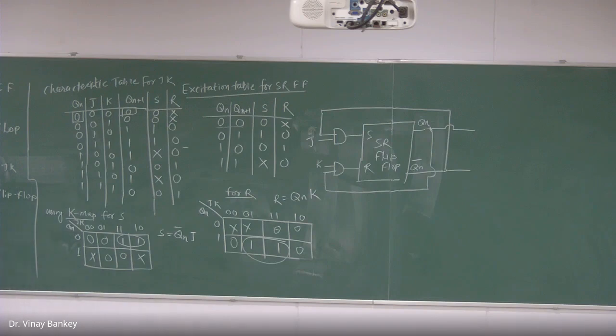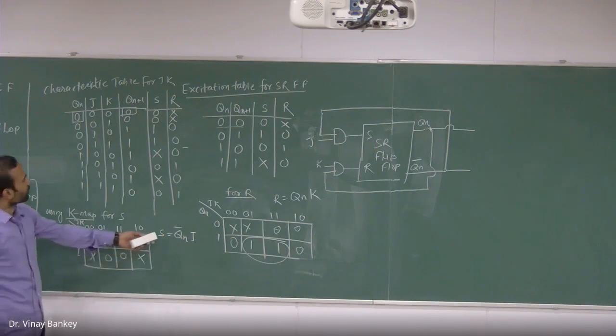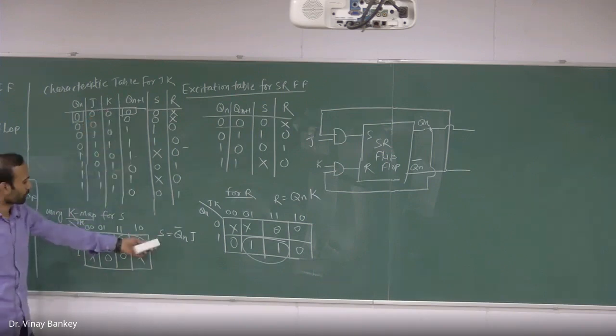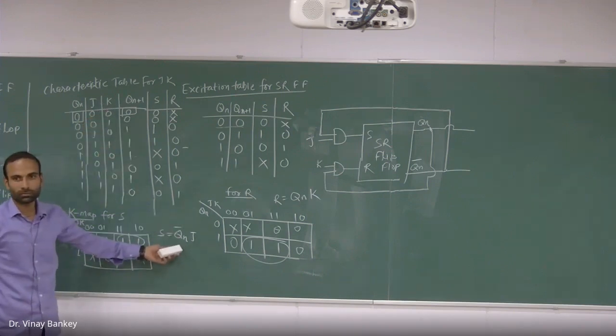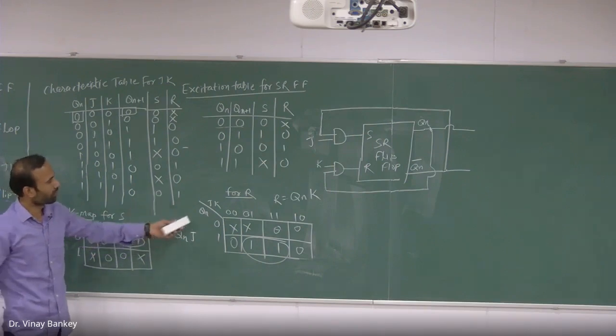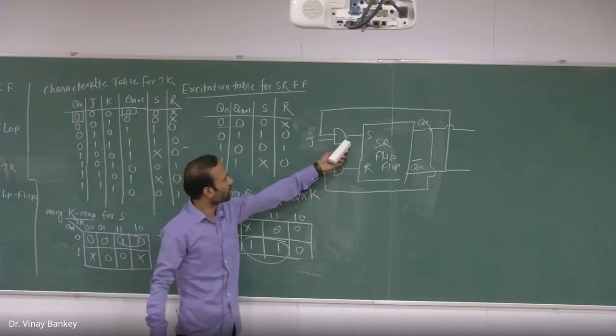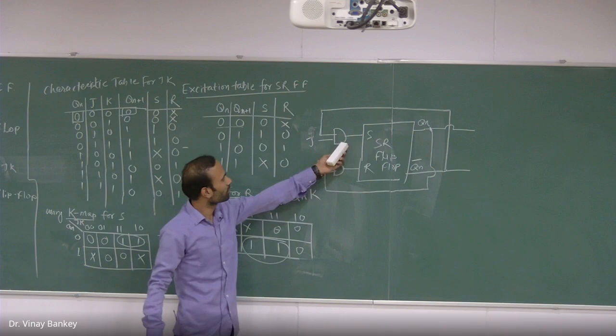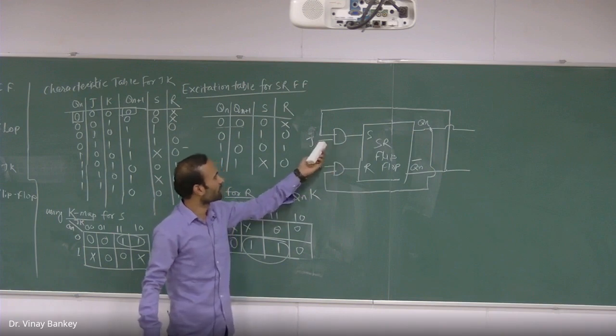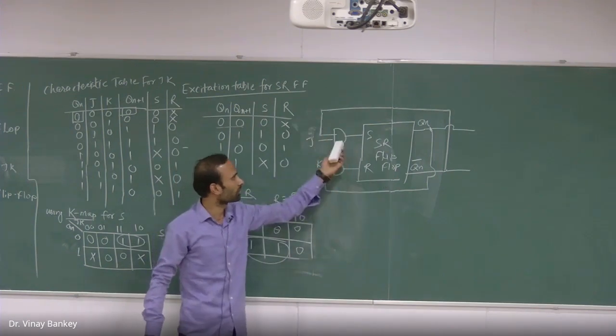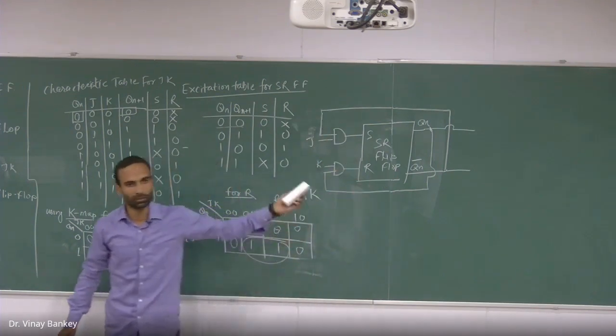Remember always, because students get confused: you want to design a JK flip-flop and you are solving for S and R, isn't it? But this is the way, because here we will connect one AND gate, and it will always require an AND gate. One input will be J, and another input of the AND gate is the previous state.